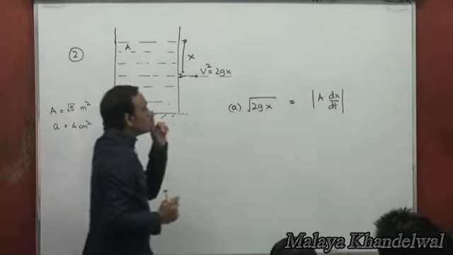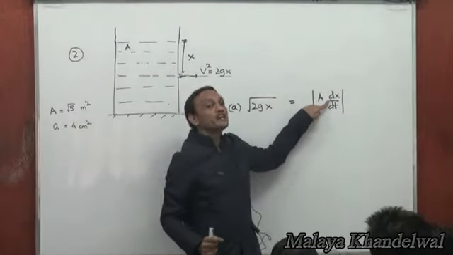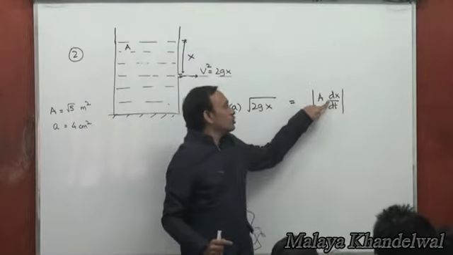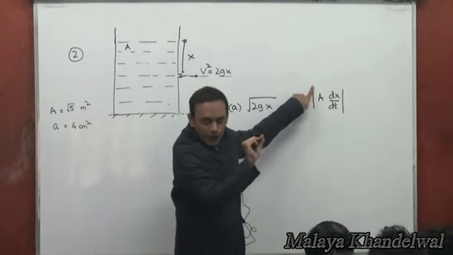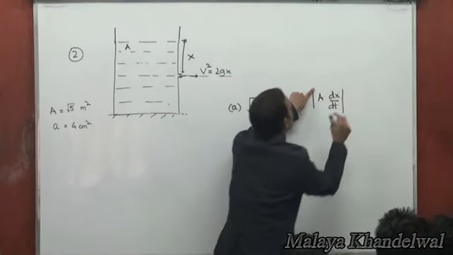But x is decreasing with time, so dx dt is negative. So if I have to strip the modulus, I'll have to plug in a minus sign.